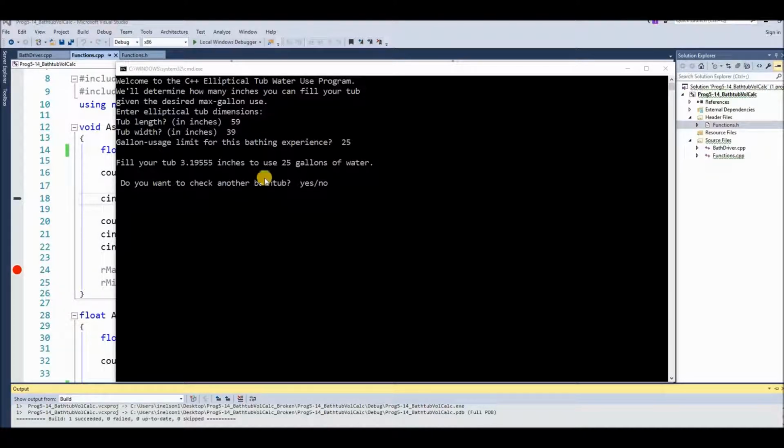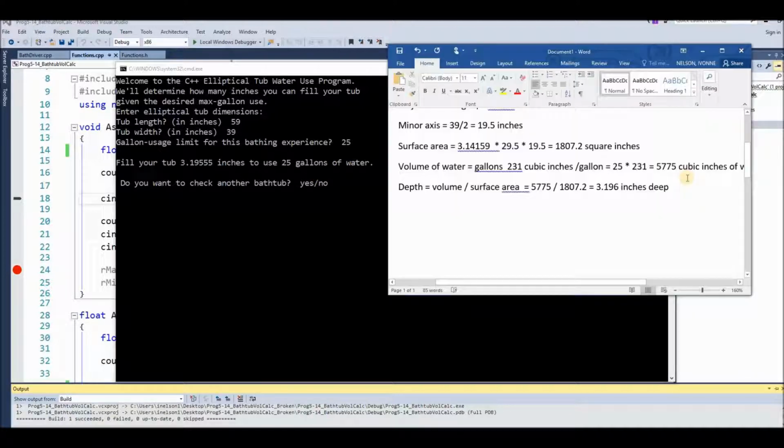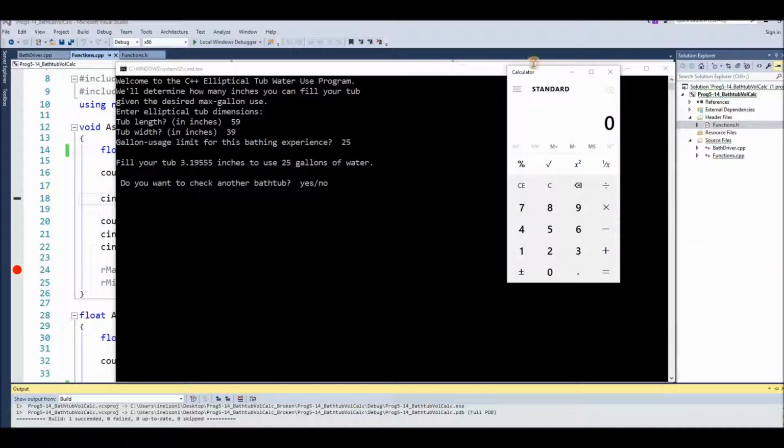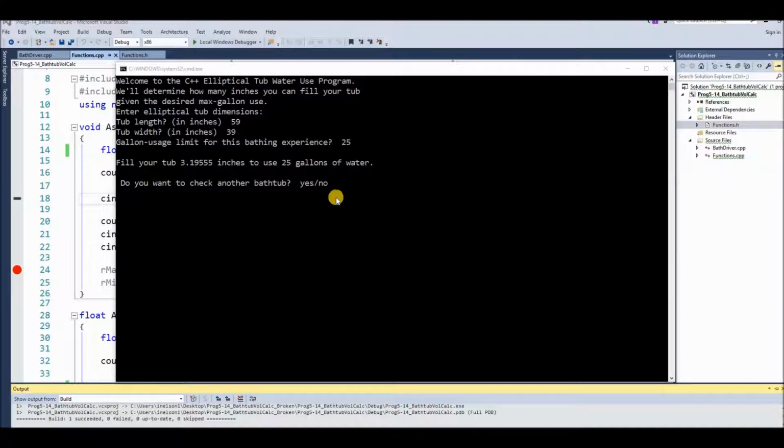Let me check it again. Here it is. I found my Word document. I had 3.196, which is definitely equivalent to 3.1955 if we just round up. So we have the correct answer now that we took care of that integer arithmetic.